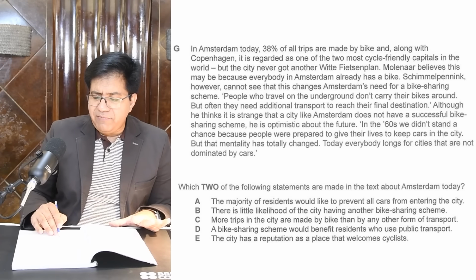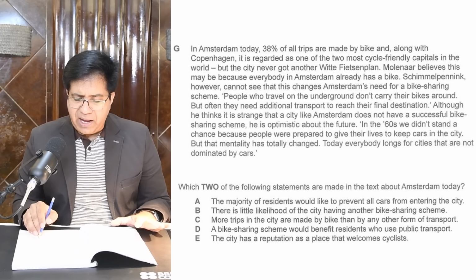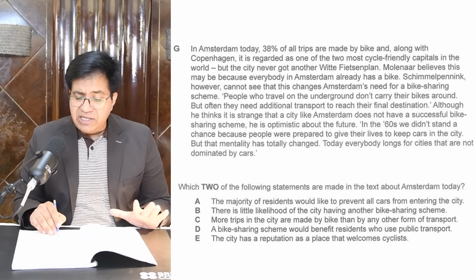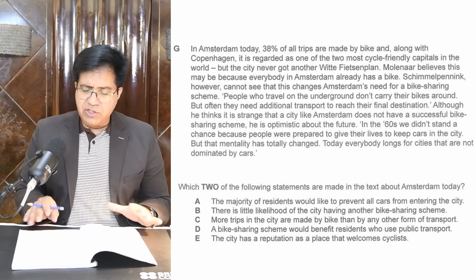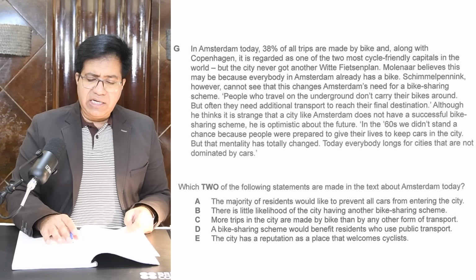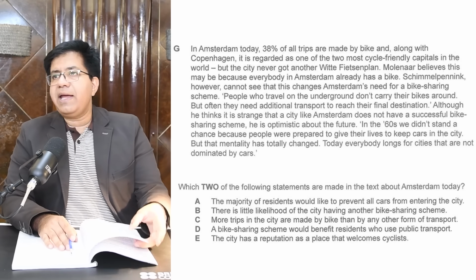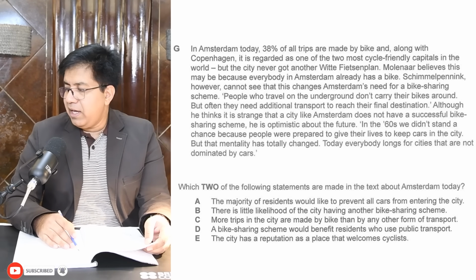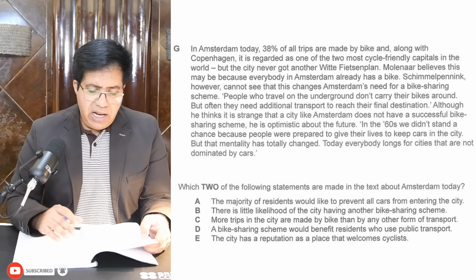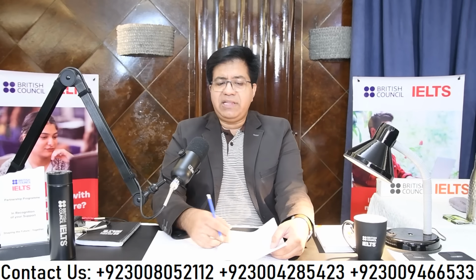So people who travel on the underground don't carry their bikes around, but often they need additional transport to reach their final destination. So this is going to help them there. So 21 and 22 correct answers are option D and option E. Okay? Good. Now we are quite familiar with the passage.